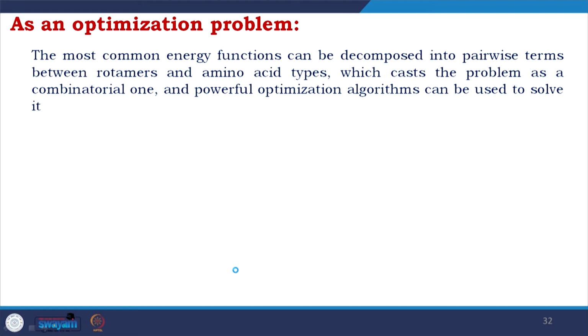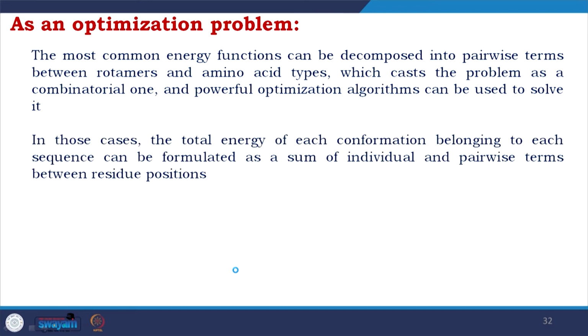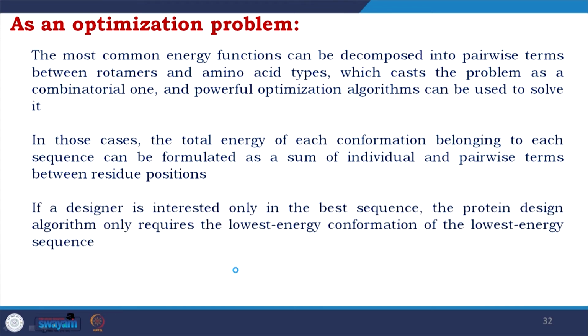The most common energy function can be decomposed into pairwise terms between rotamers and amino acid types, which casts the problem as a combinatorial one, and powerful optimization algorithms can be used to solve it. In those cases, the total energy of each conformation belonging to each sequence can be formulated as a sum of individual and pairwise terms between residue positions.